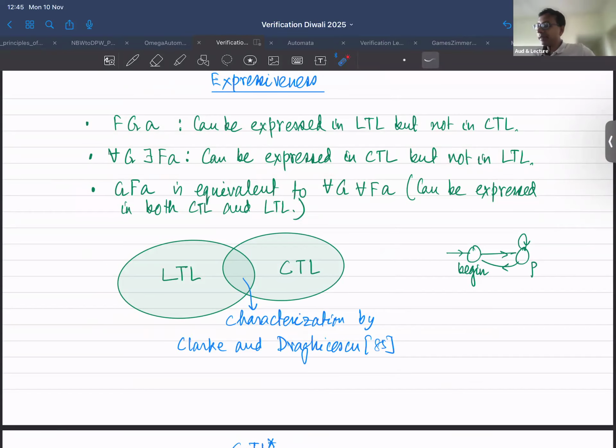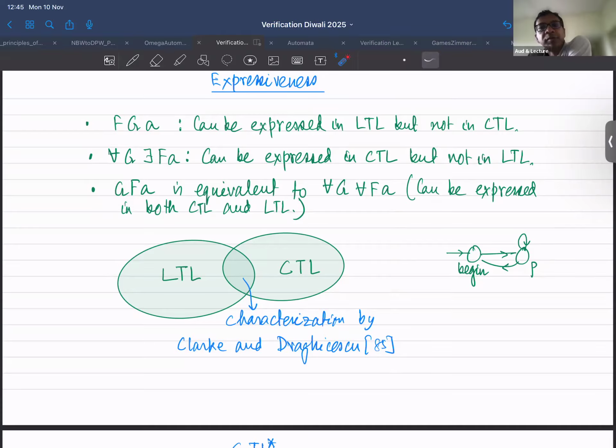Now on the other hand, you can argue about GFA. What is this GFA? It's like a Büchi property, whereas FGA is like a co-Büchi property. You recall what is Büchi and what is co-Büchi.